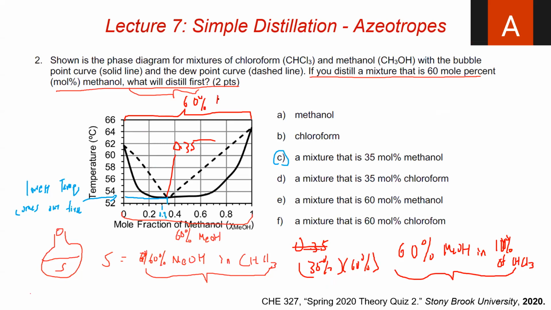That makes sense, but can you explain why methanol is what will distill first and not chloroform? Here, this is 100% chloroform, 0% mole fraction, so this is pure chloroform.